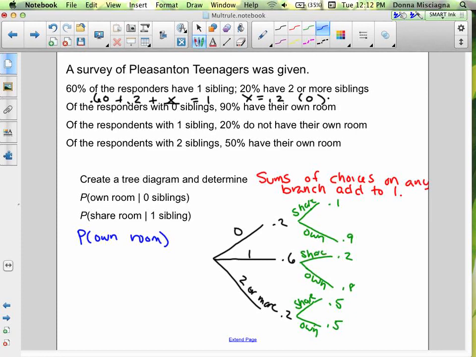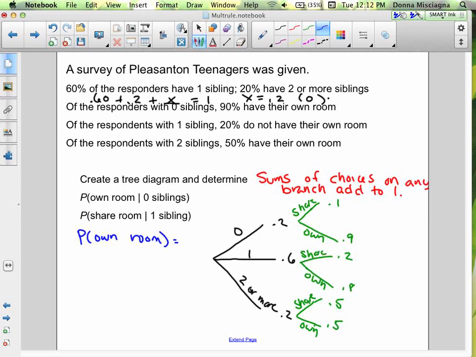All right, so the probability that you have your own room given that you have 0 siblings. The given is that you have 0 siblings. This one is a little different.